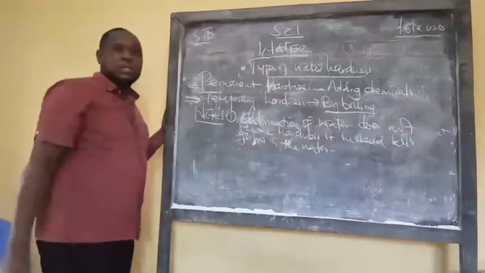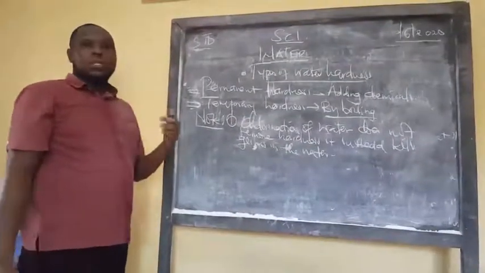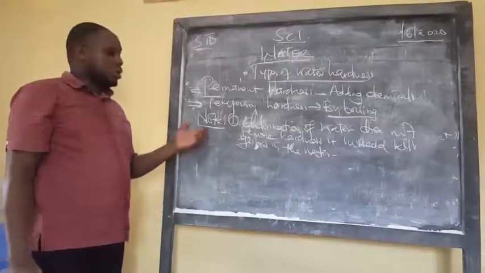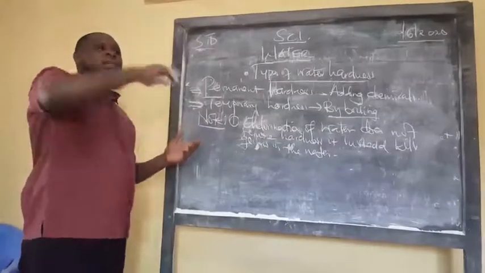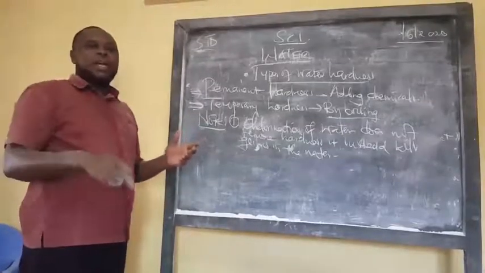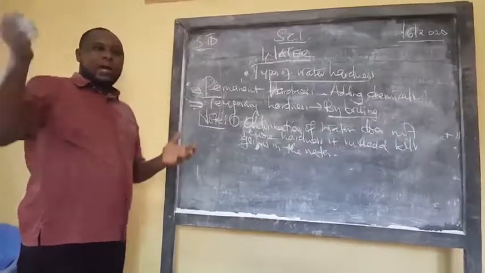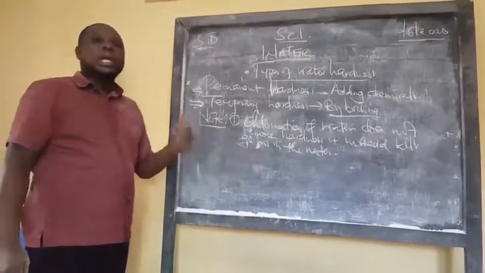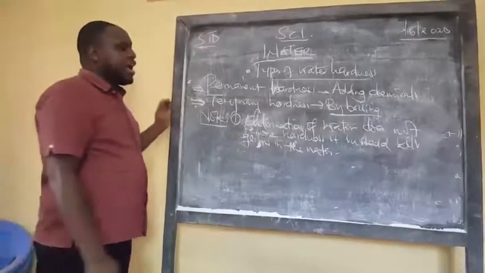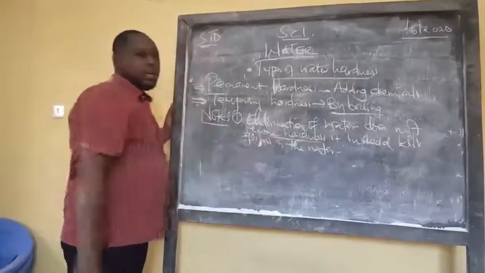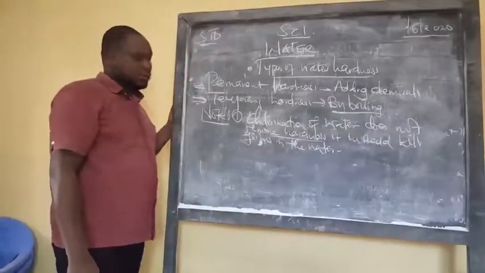You know what chlorination means? Before the clean water that we use at home is supplied to us, there is a treatment area, a big tank where chlorine will be added to kill the germs in that water. That one does not remove any hardness. Its purpose there is just to kill the germs.